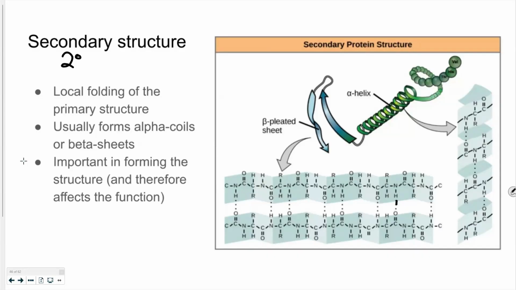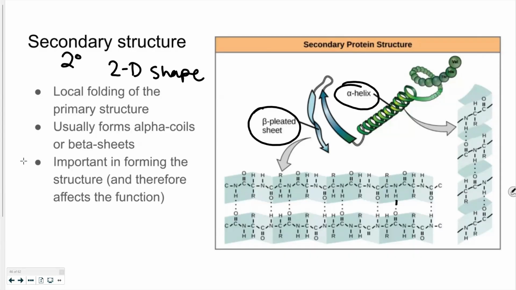That's either going to get them into this thing called a beta sheet, where it's pretty flat, or we can call it an alpha helix or an alpha coil, where they're going to kind of be twisty. So this is the two-dimensional shape that a protein takes, right? So it's the folding and coiling in two-dimensional space. Okay, and this is a midway point in forming that eventual functional structure that we're all going for.